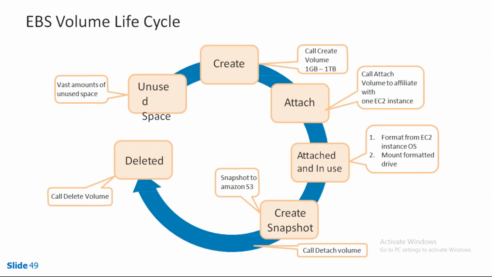Then, the EBS volume life cycle. First, there is unused space, which is the large amount of space the cloud has. From that space, we create a volume. That's the second stage. Once the volume is created, it needs to be attached, and after attaching it, we use it.